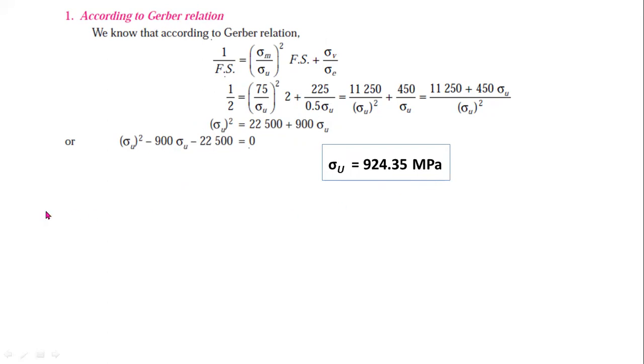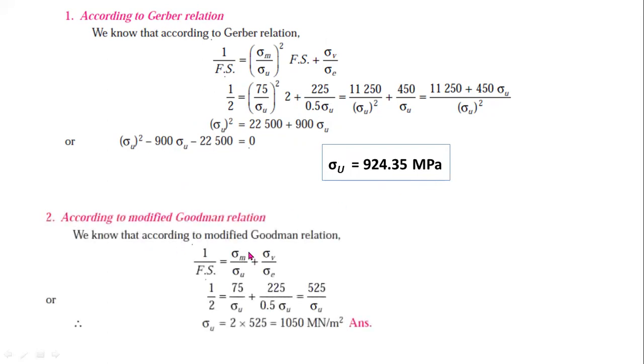Now according to modified Goodman method, this is the formula: 1 by fs equal to sigma m by sigma u plus sigma v by sigma e. Sigma m is the mean stress, sigma v is the variable stress, and we already determined them. We have to find sigma u.